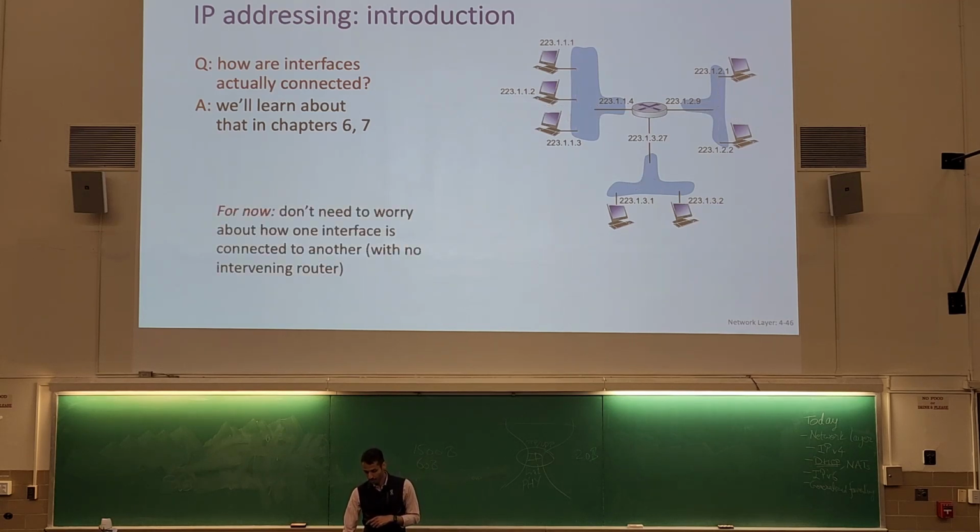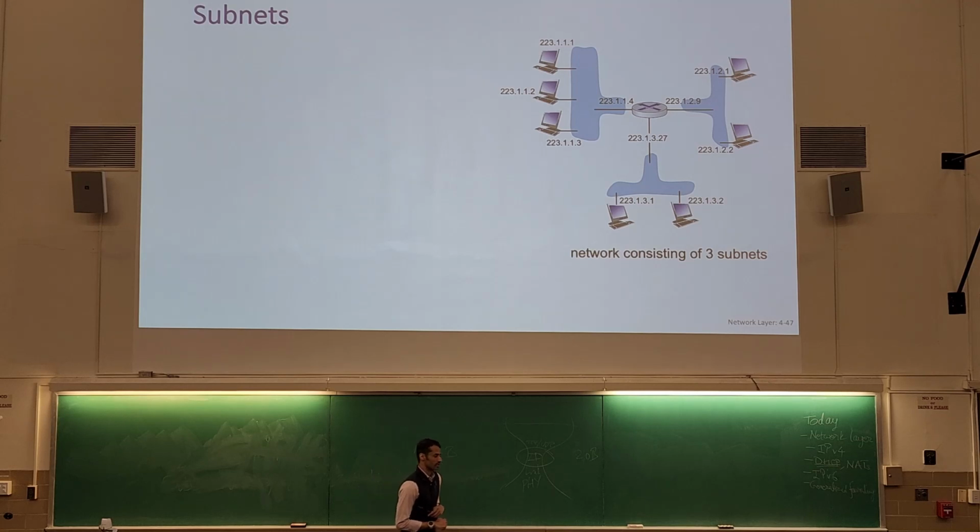Okay, so I told you subnets have a formal meaning. Those blue thingies that you see on this slide, those are called subnets. So what does a subnet mean exactly? In this picture, you have these three contiguous regions that are contiguous without ever hitting a router.